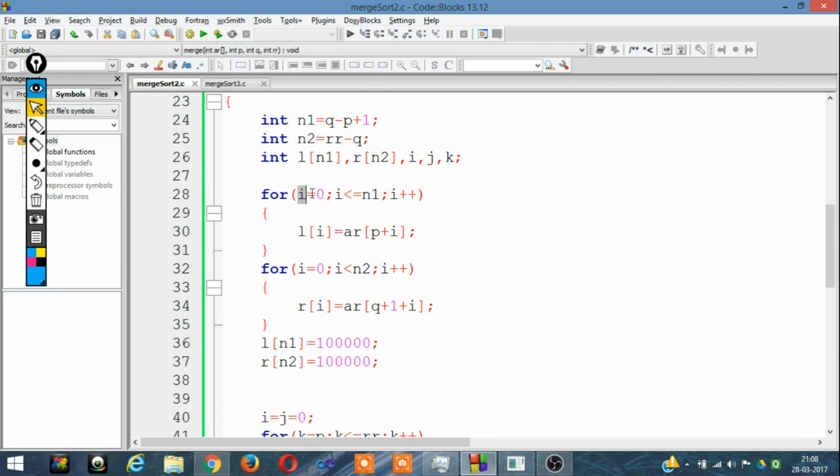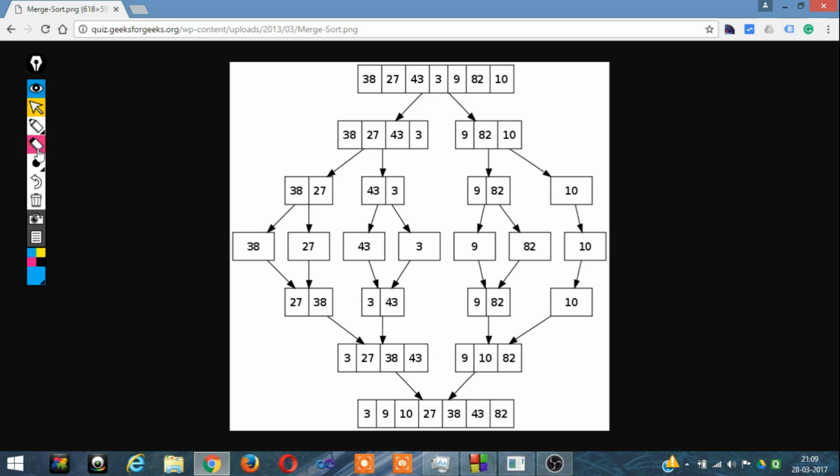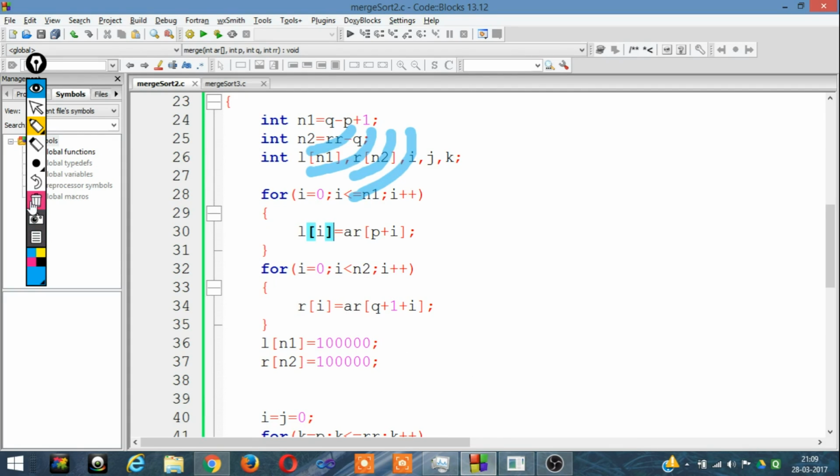Now for i equal to 0, i less than n1, i plus plus, up to the full length of n1, I do this: L of i is equal to A of p plus i. I created the array L and I am putting in all the values of this left subarray in L. Same thing I have to do with the right subarray also.